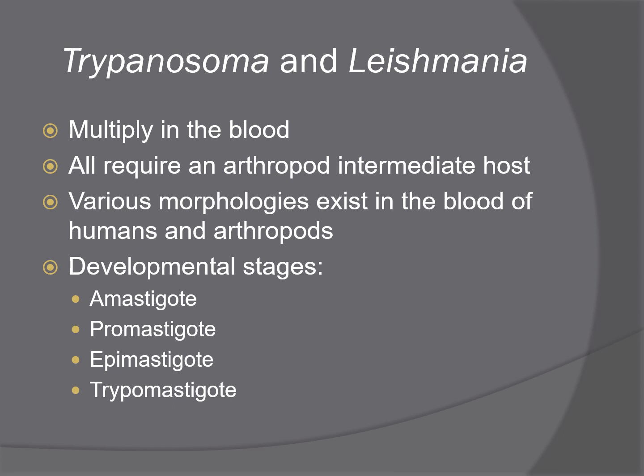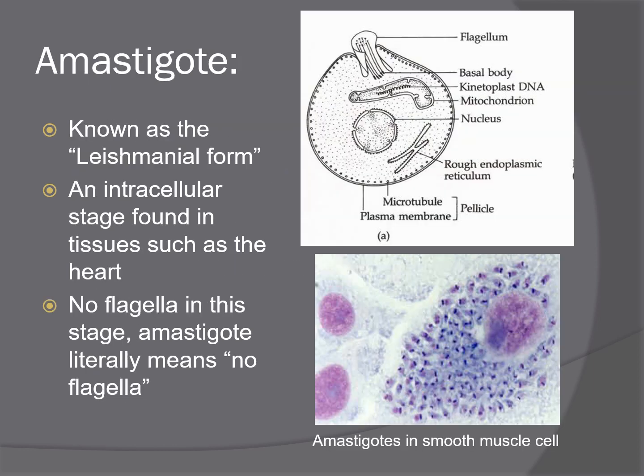So here we go. The amastigote is an intracellular inclusion that you can see within macrophages of the heart, skin, spleen, and liver. This stage in the life cycle of trypanosoma and leishmania is also known as the leishmanial form. This is an intracellular developmental stage found in tissues such as the heart.